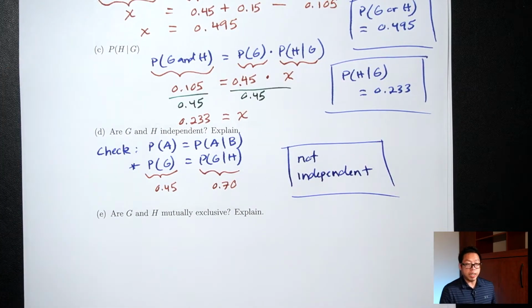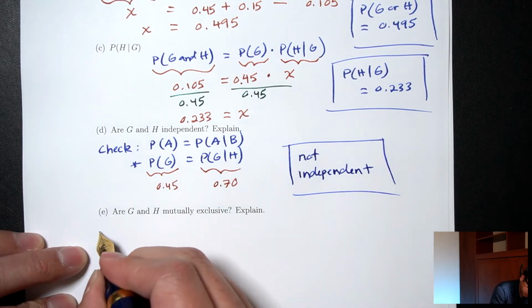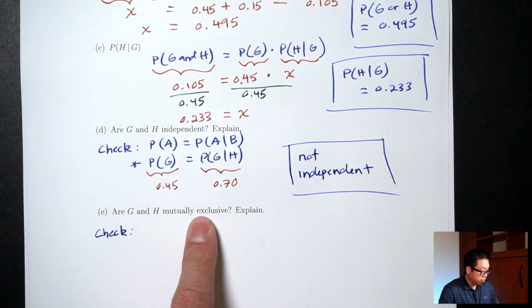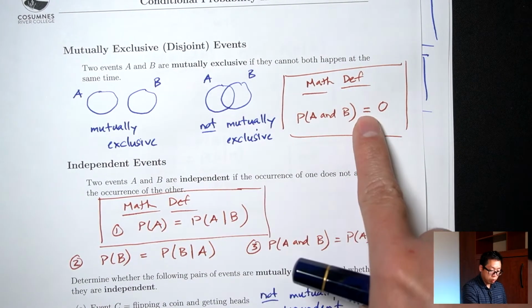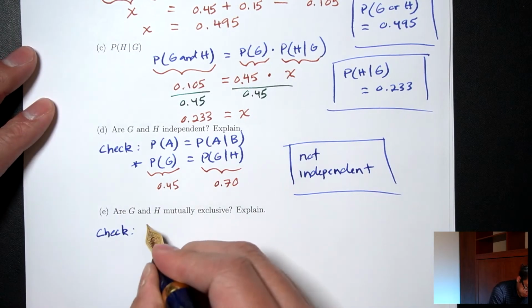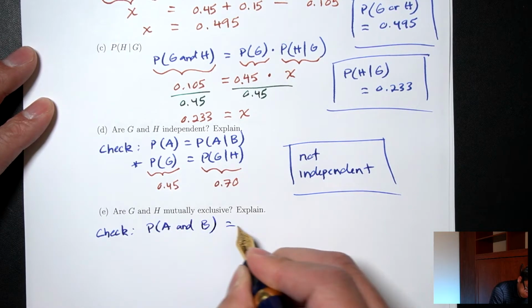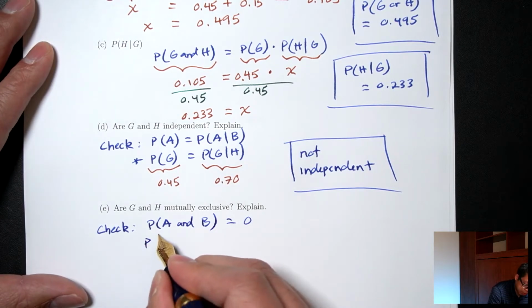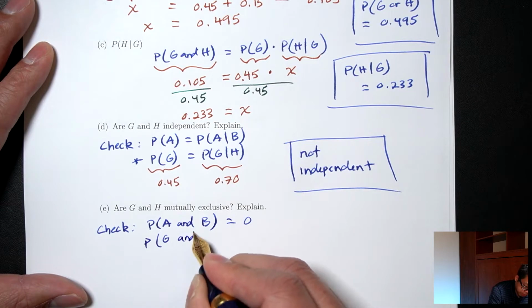Part E, are G and H mutually exclusive? Once again, you're going to check one of those equations on the front page. Mutually exclusive would be this equation, P of A and B equals 0. We're talking about G and H, so let me replace that with the correct letters.